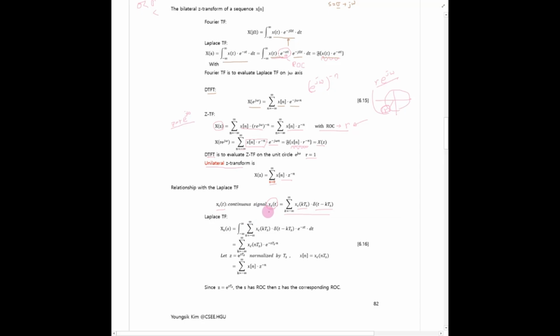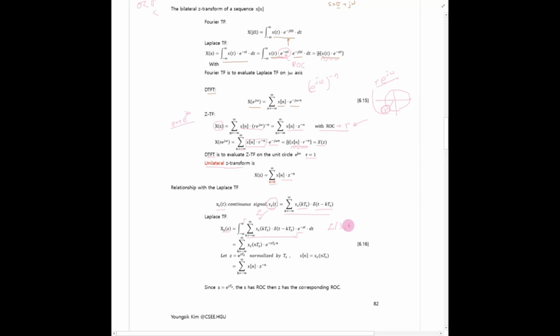If we take the Laplace transform of this x_s, that's X_s(s). From here to here is x_s, and this is e to the minus st. This is the definition of the Laplace transform of the sampled signal.